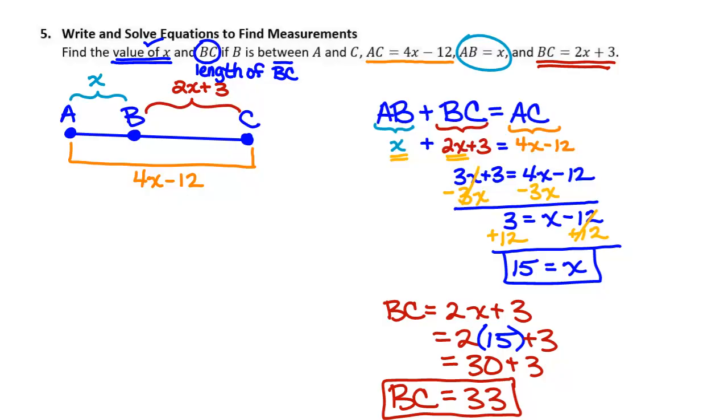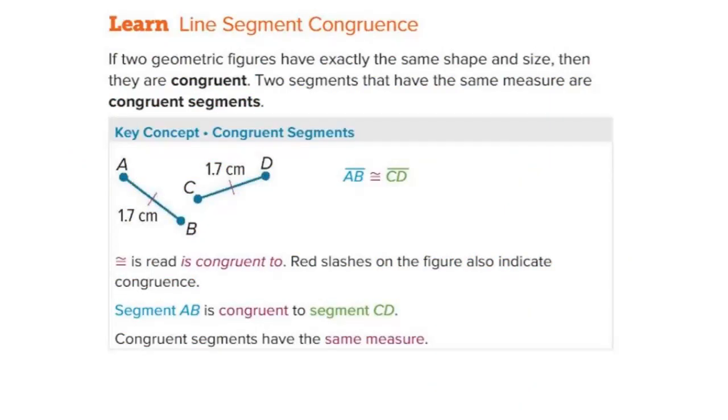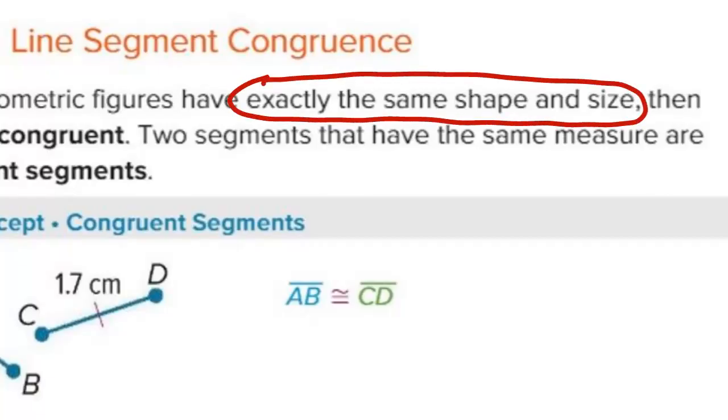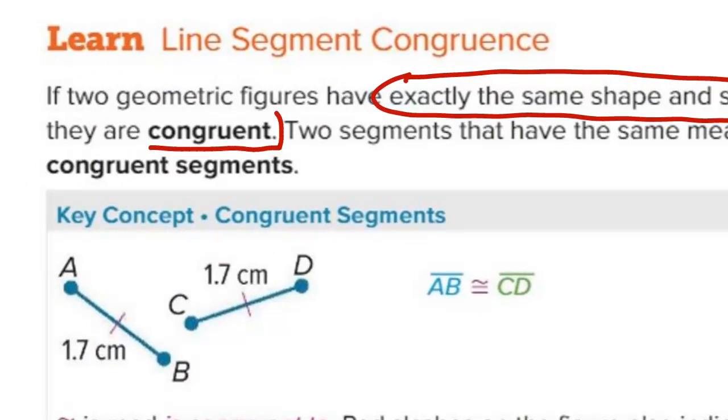Let's look at about the halfway point on the page now. If we have two geometric figures that have the exact same shape and size, then we say that those figures are congruent.